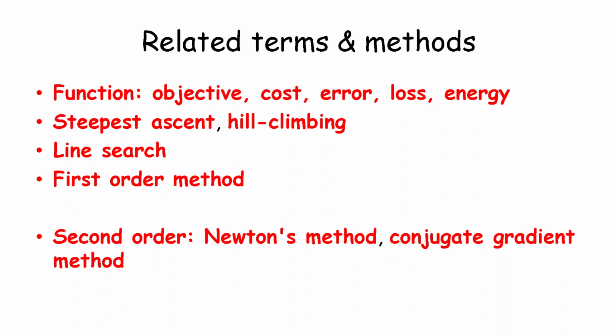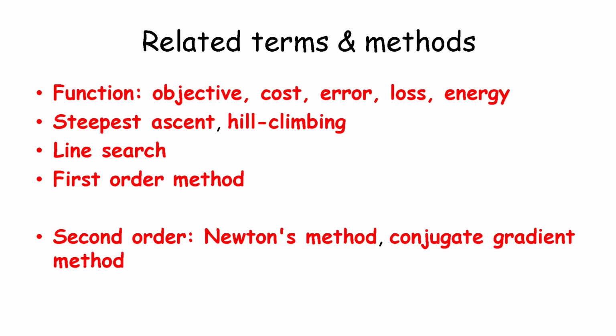When we are working with a maximization problem, we may say we are using steepest ascent or hill climbing method, which in essence are the same methods as gradient descent, except rather than moving in the opposite direction of the gradient, we move in the same direction of the gradient. An alternative is to negate the objective function and convert the maximization problem into a minimization one.